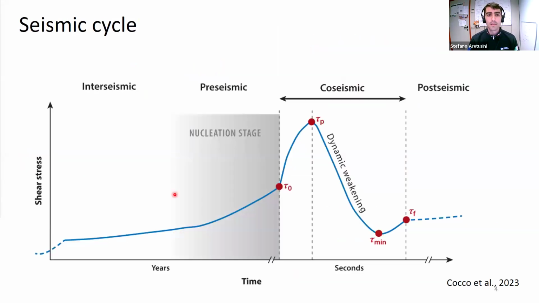So let's start with the seismic cycle. The seismic cycle spans a broad range of time and spatial scales. We start in the interseismic to pre-seismic stage that lasts a number of years, up to 2,000 years. On a fault, the shear stress is slowly increasing up to a value normally called tau zero, which marks the beginning of the coseismic stage.